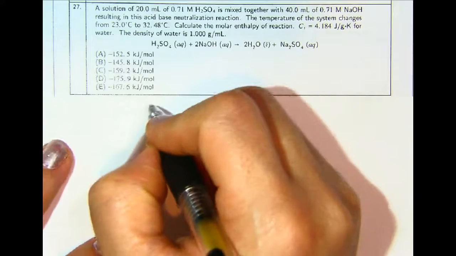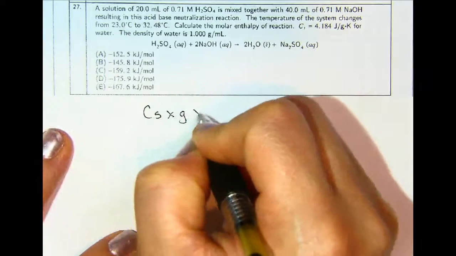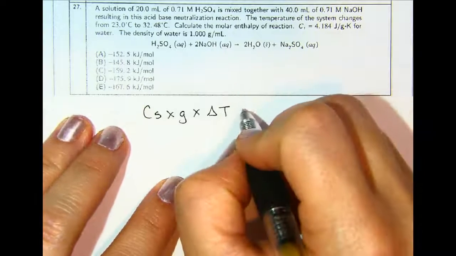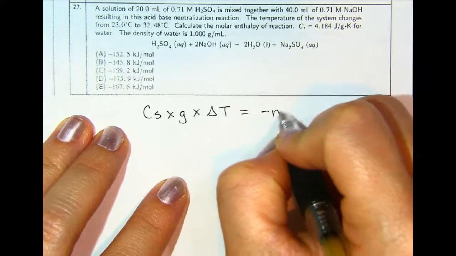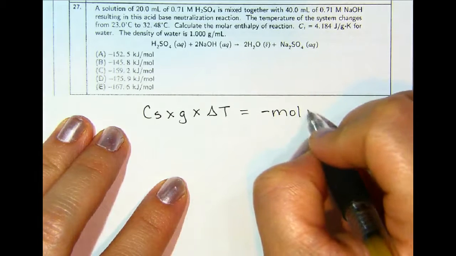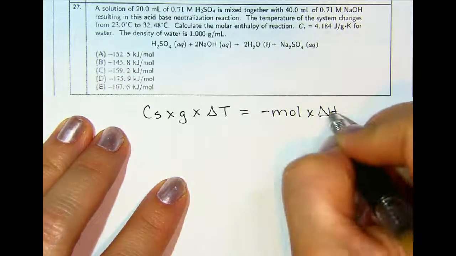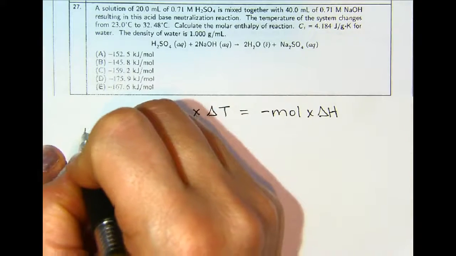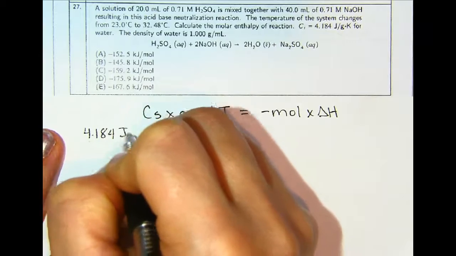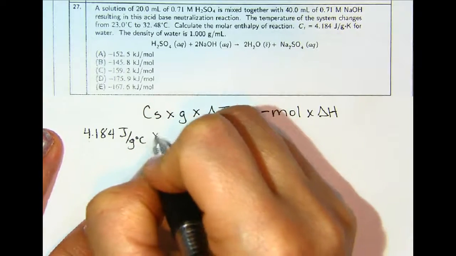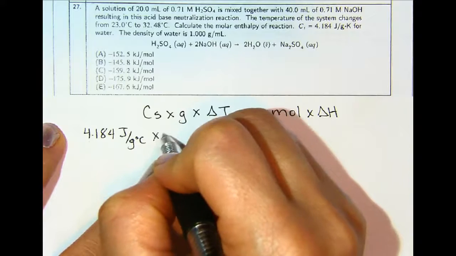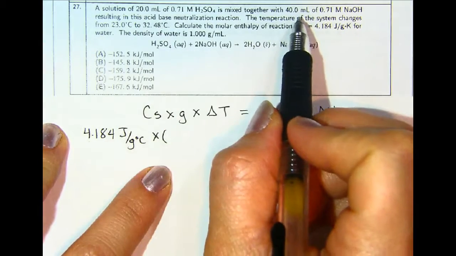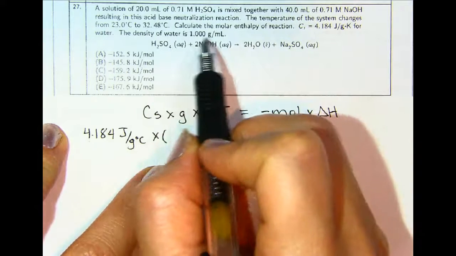So first of all, we have Cs times g times delta T, because we have a change in temperature that occurs as a result of a reaction, which we'll use moles times delta H. So here our Cs is going to be 4.184 joules per gram Celsius times, and the grams of our entire system is going to be the 20 milliliters plus the 40 milliliters at a density of 1 gram per milliliter.